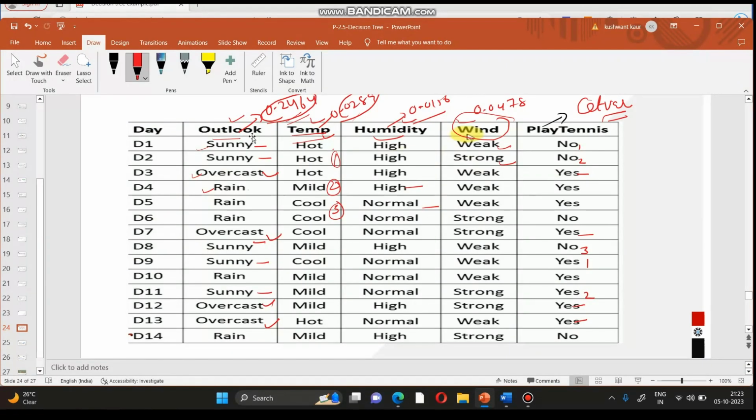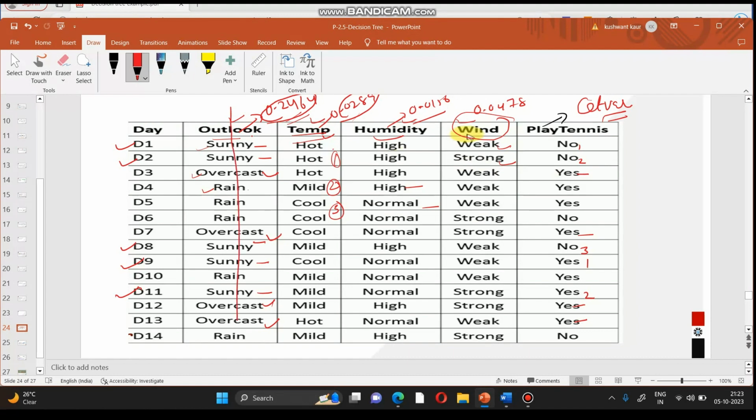Now let's have a look. There were 5 sunny values, and the rows were D1, D2, D8, D9 and D11. So we will now split this table into a subpart, because we have already decided outlook as the parent node.